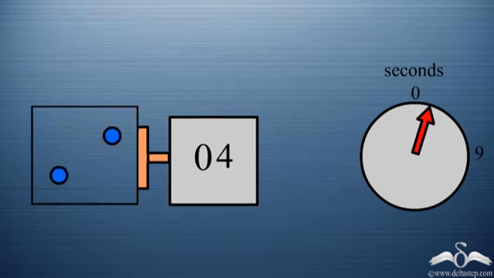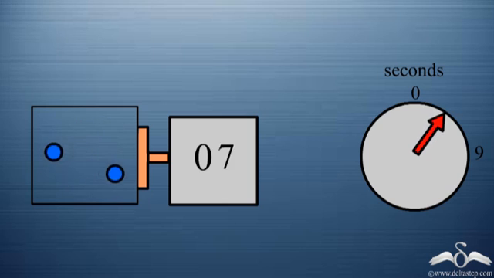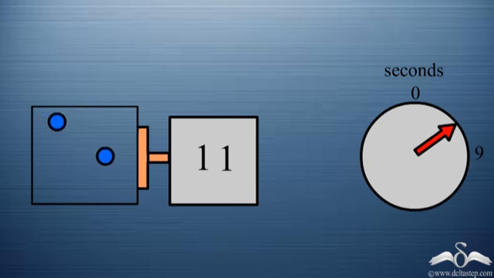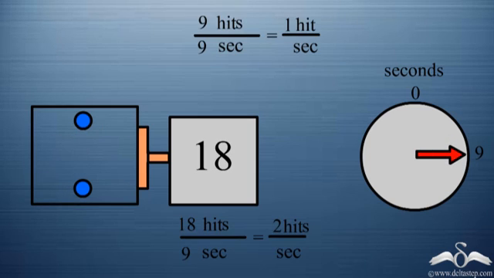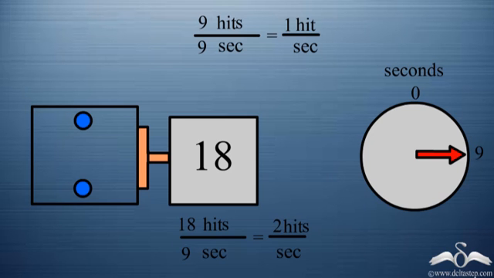Now, if the volume of the container is reduced to half, you observe that in 9 seconds again, there are 18 hits. So as the volume of the container is reduced to half, the number of hits per second increases or doubles.